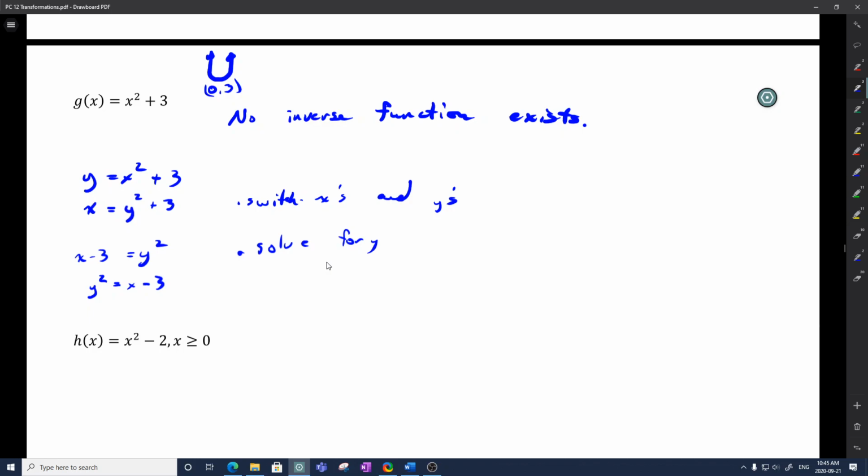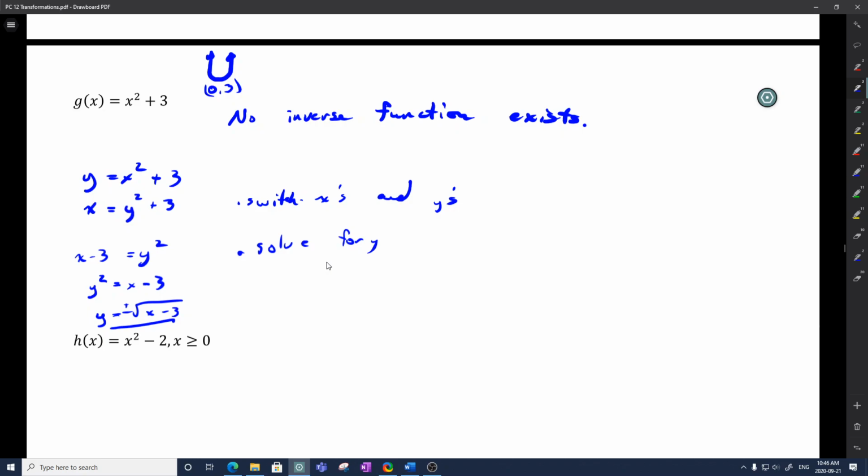And now I'm going to take the square root of both sides. And when I take the square root of both sides, just like last year, now I need to consider both positive and negative roots. This is my inverse operation.